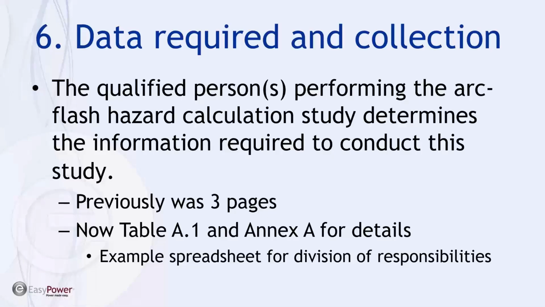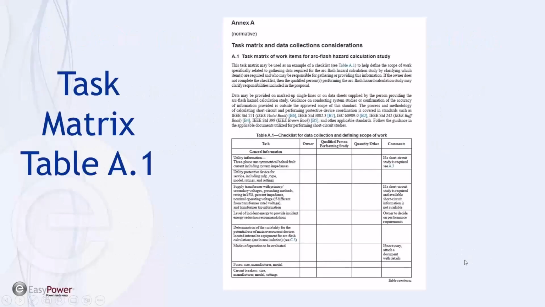So again, the facility owner isn't being caught by surprise with a requirement, and has the potential for developing that knowledge themselves based upon what the overall agreement is between the service provider and the facility owner.